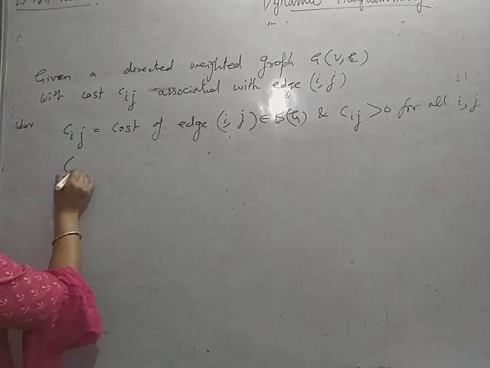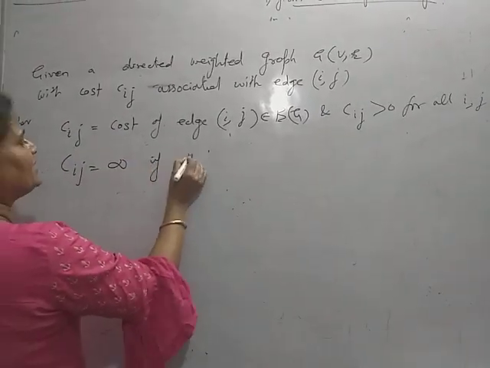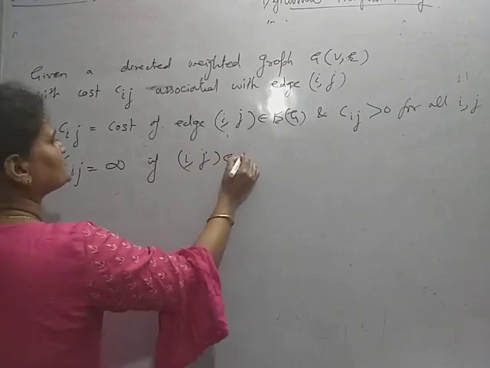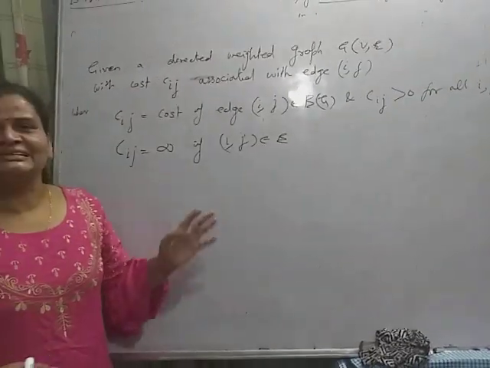And Cij equals infinity if ij does not belong to E. For this I am considering the complete graph.